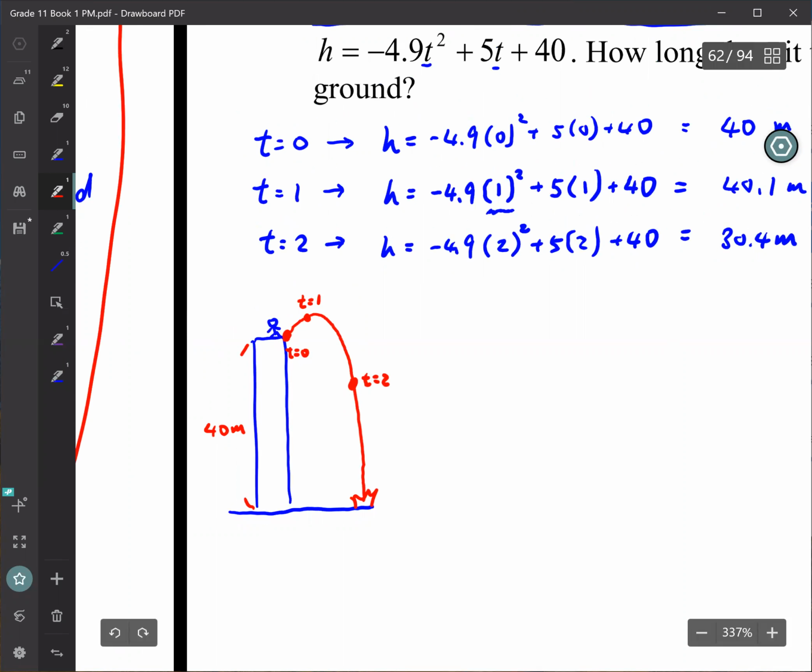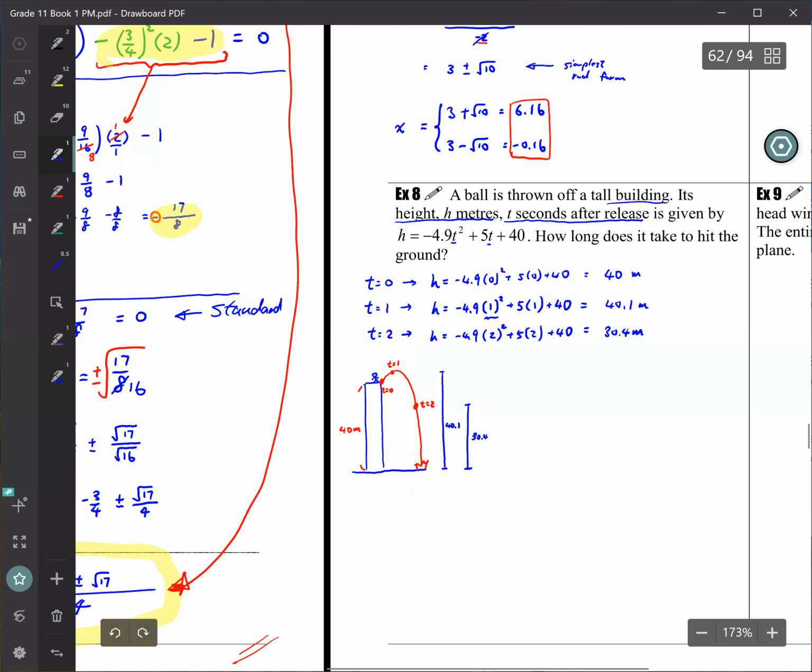So t equal to 1 second, it was 40.1, right? So 40.1 is talking about all the way from the ground, and 30.4 is as well going from the ground. So that's what it's talking about, all right?